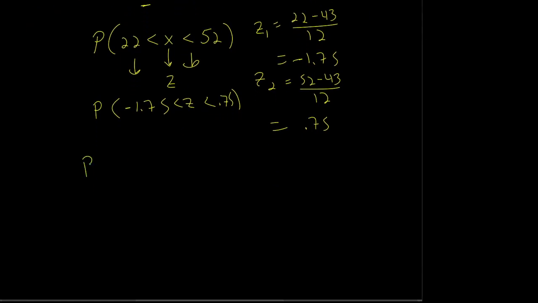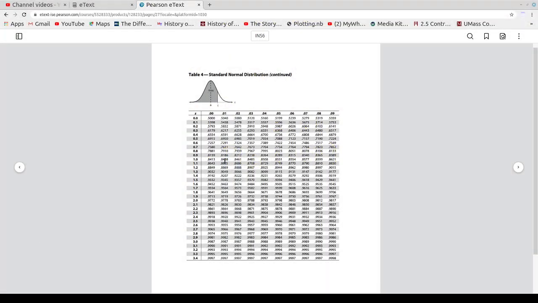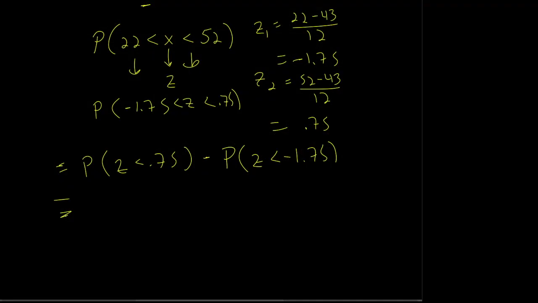So the probability of this is equal to the probability of z less than 0.75 minus the probability of z less than negative 1.75. So if I look up 0.75 in my table, 0.7, and there's the 5, 0.7734.